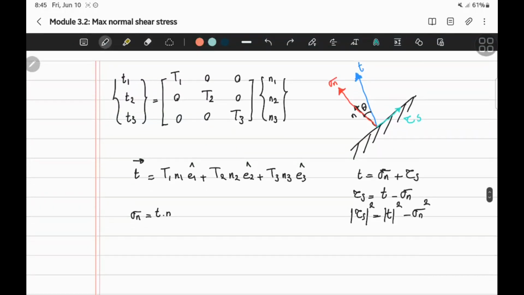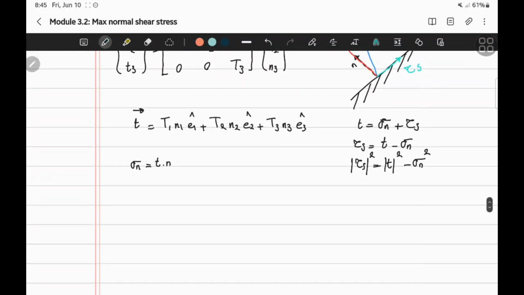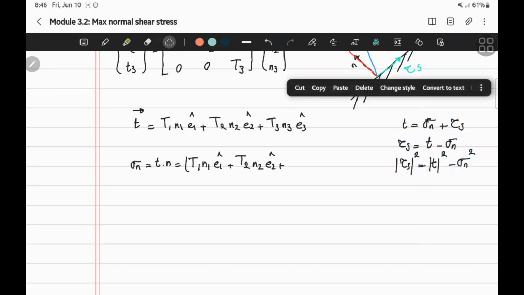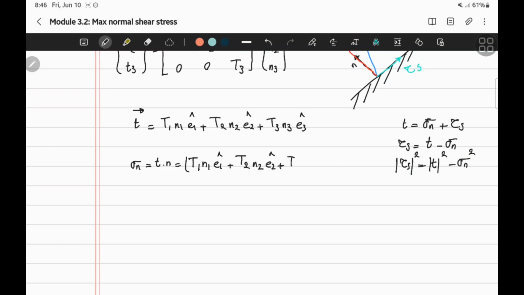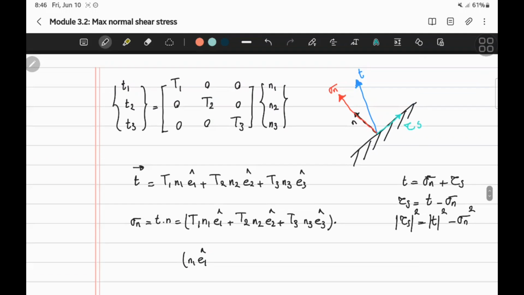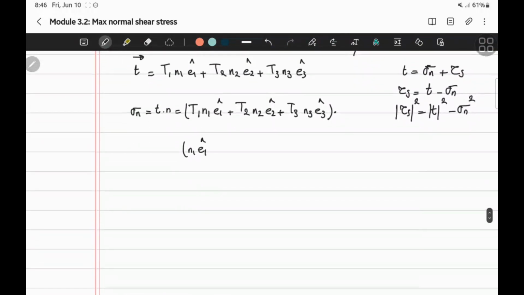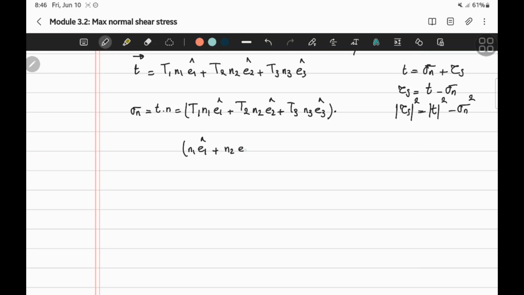So then we have sigma N is equal to T dot N, where this T is T1 N1 E1 plus T2 N2 E2 plus T3 N3 E3, dotted with N1 E1 plus N2 E2 plus N3 E3.